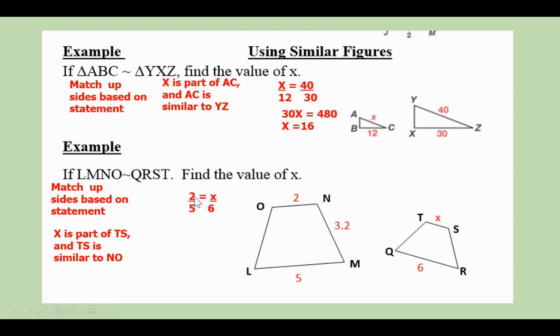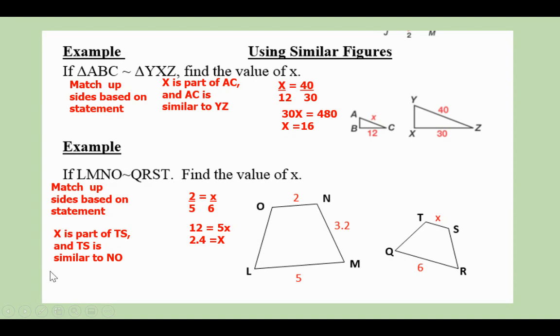The left value is 2, and the right figure value is x. What goes together with the other figure? There are two lengths to pick from, so we have to figure out which one it is. QR on the right is LM on the left, so we're going to use 5. Now we cross multiply. We get 12 equals 5x, and then divide, and we get x equals 2.4.